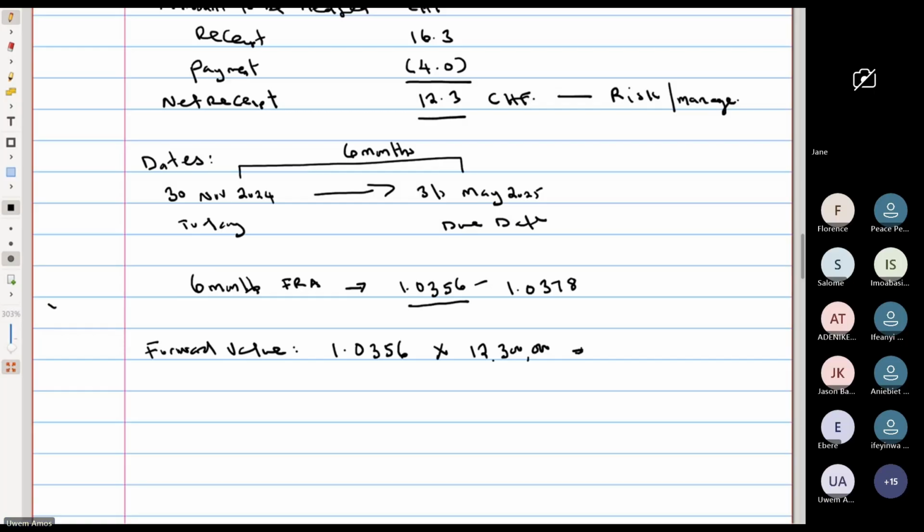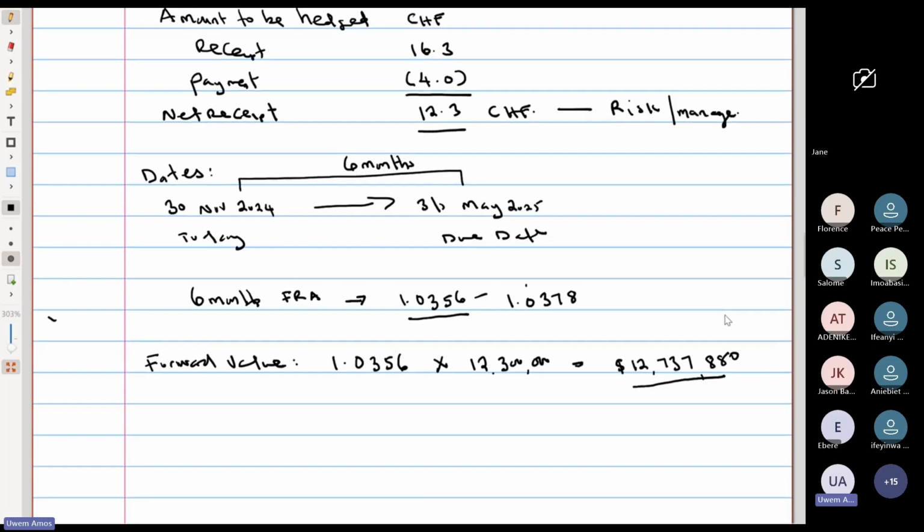So what do we have? 1.0356 multiplied by 12.3 million gives us the US dollar equivalent of that amount: 12,737,880. Pretty straightforward. So that's our forward rate agreement. Once you follow the steps, you will never go wrong.